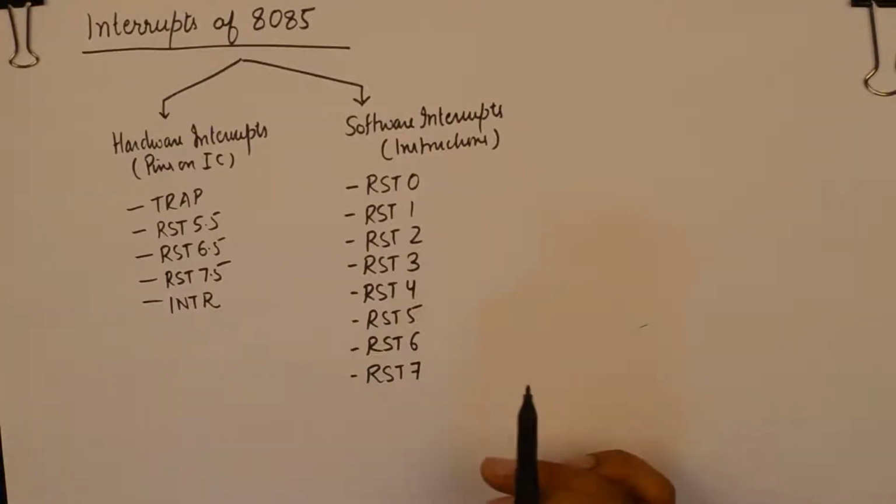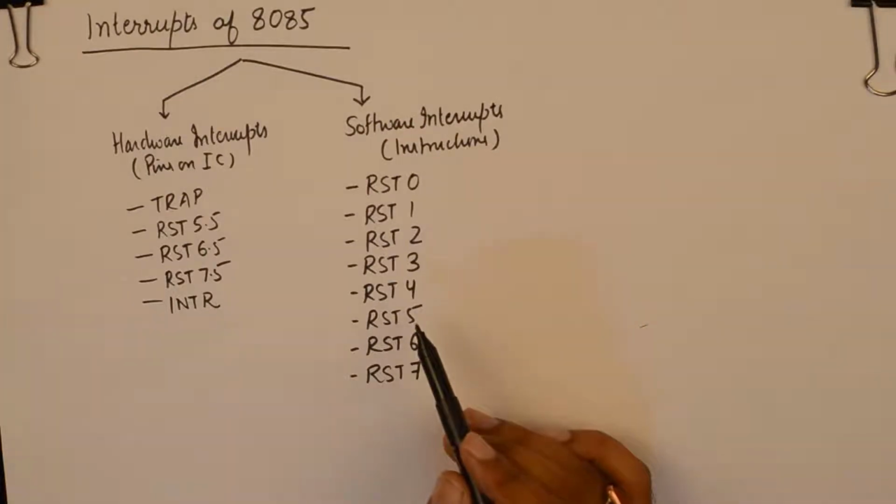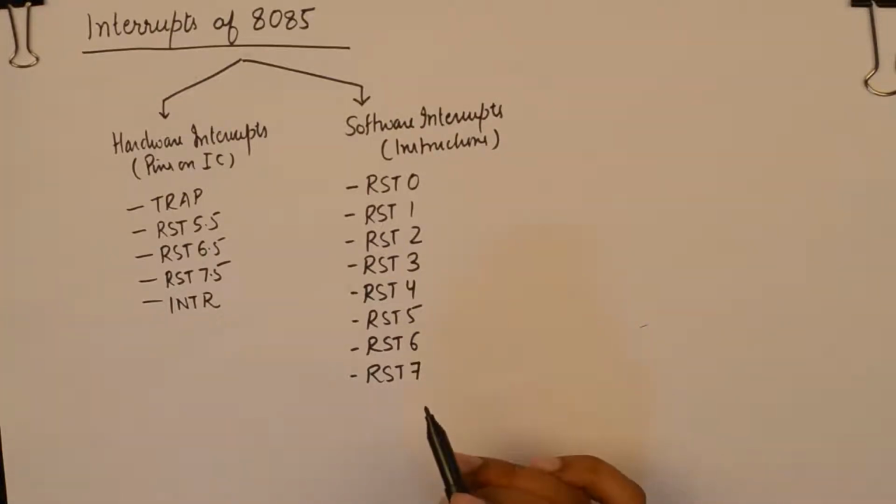And similarly, a software interrupt within a program would halt the program at that particular location and will take the microprocessor to an address to which this software interrupt is pointing.